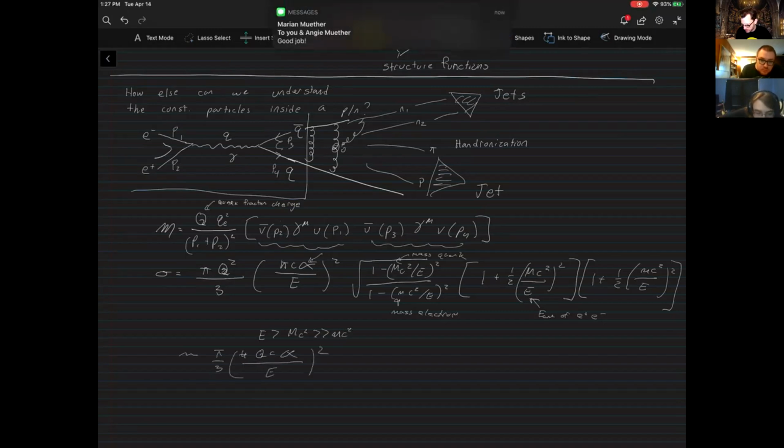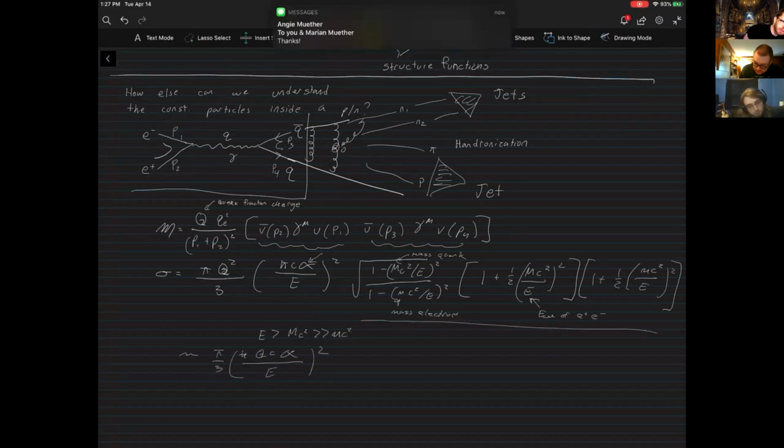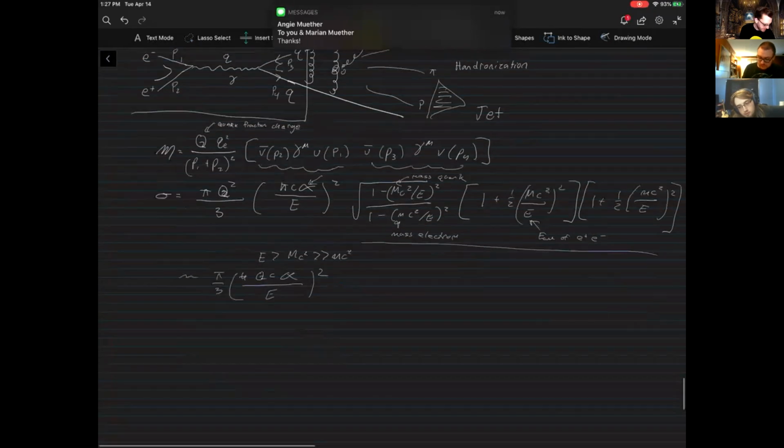All these terms out to the right basically become, you can see if E is very large compared to the other terms, these terms just go away. Essentially they just become one. They don't go away, but they become one. Okay.